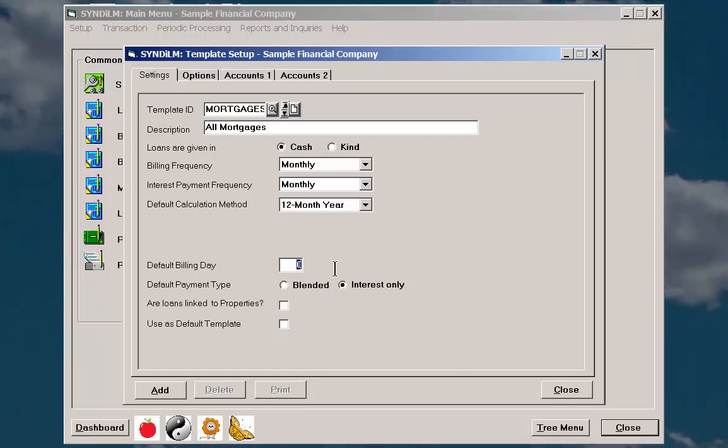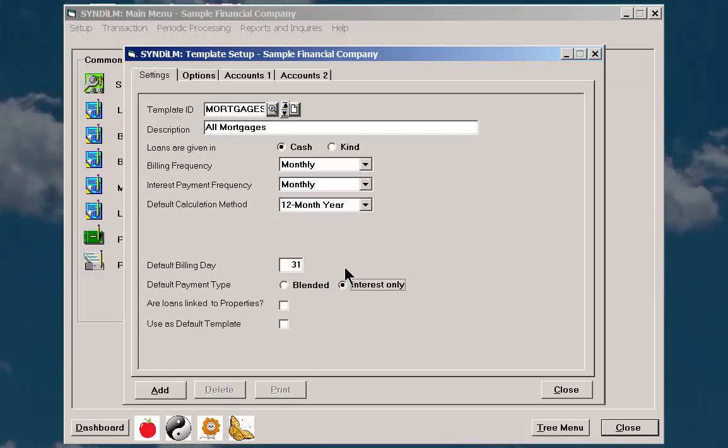In most companies, they would calculate the interest on the last day of the month, and if that is the case, then you put 31. So what is going to happen is that if the loan was given, say, on the 15th of the month, then in the first month it will calculate the interest from the 15th to 31st, and then after that it will calculate it for every month.